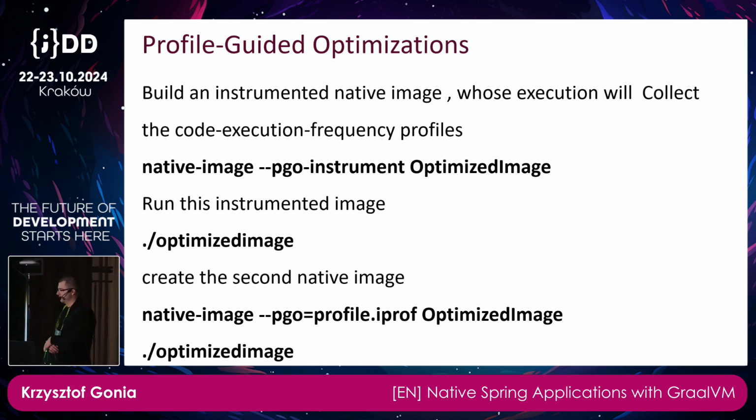Then we can use this profile file to compile our code. So this native code will be adjusted to how our code is used, so we should get much better performance, because it will be similar to how JIT operates.